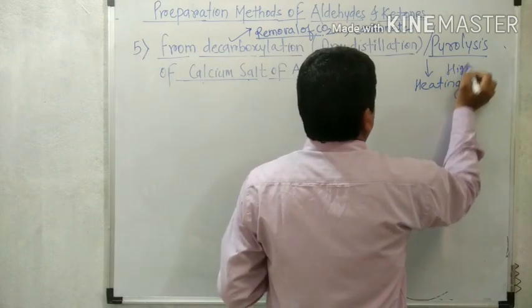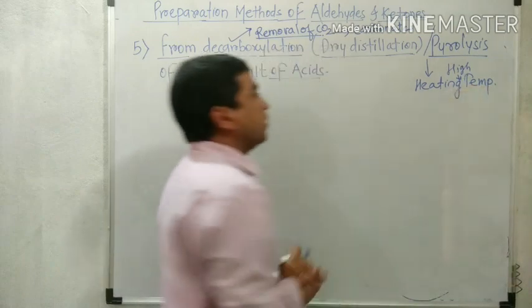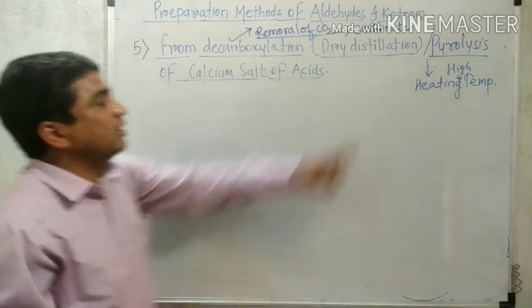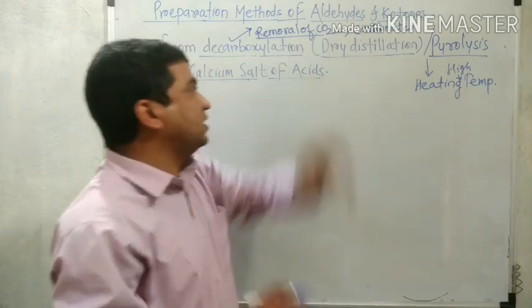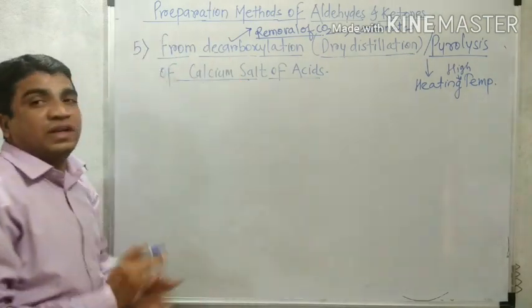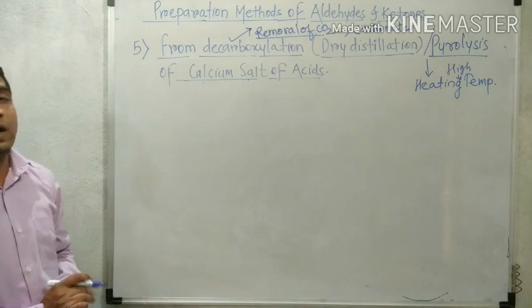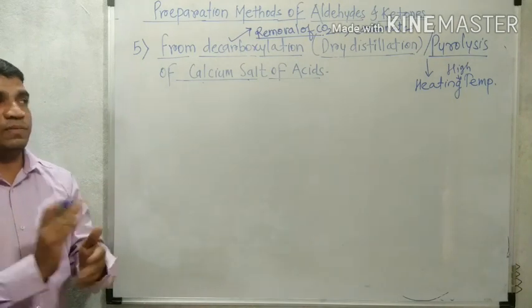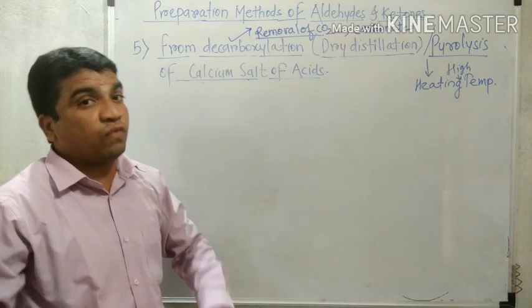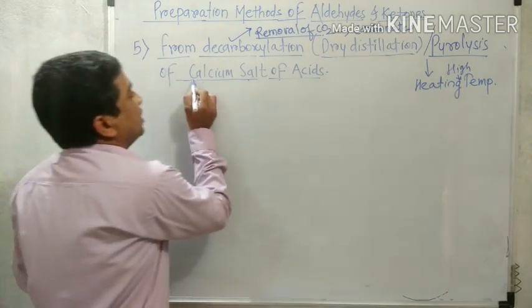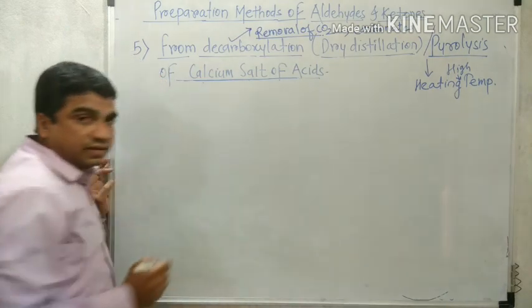When we heat the corresponding product at high temperature, that process is called pyrolysis, also known as dry distillation or decarboxylation, because here removal of carbon dioxide takes place when heated at high temperature. For which substance? Calcium salt of fatty acid.